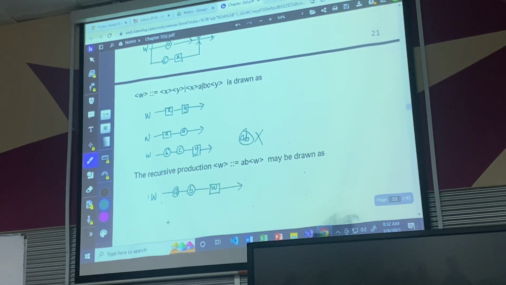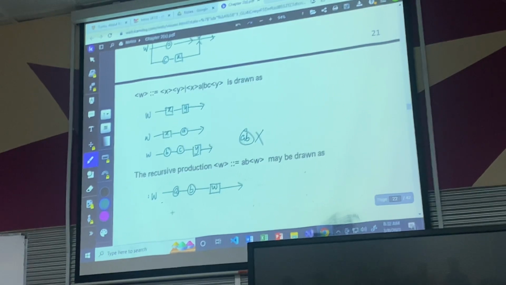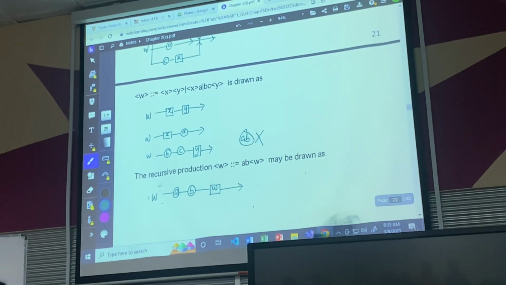For the second one, I draw after the B, an arrow that loops back to the first W. Is that acceptable? Yes, can also. You can draw this back to W here because the first one is also W, right? So you can draw like this.